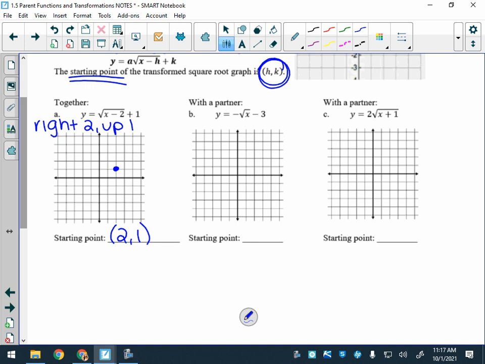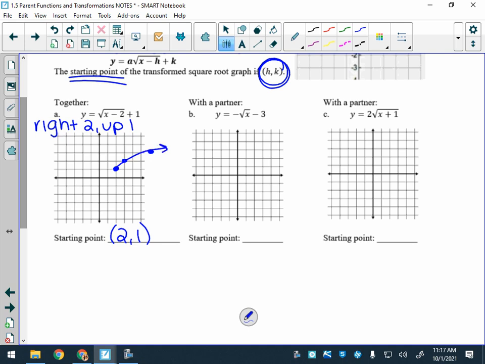Okay, so here's another scenario where you could plug in x values to find your y's. So if I was to plug in 3, 3 minus 2, 1, what's the square root of 1? Plus 1, 2. And I know the trend where from the starting point, if I count 1, 2, 3, 4, up 2, that gives me my other value.